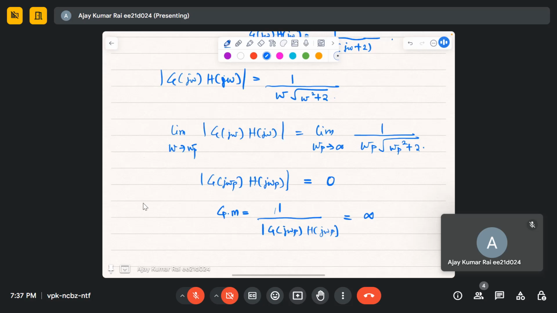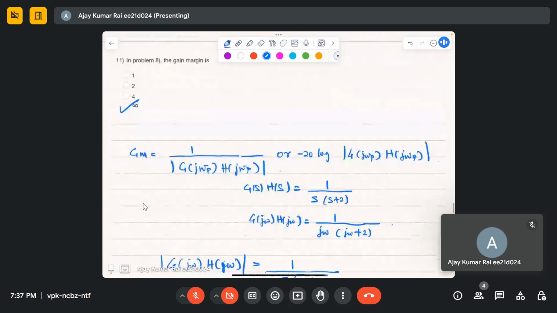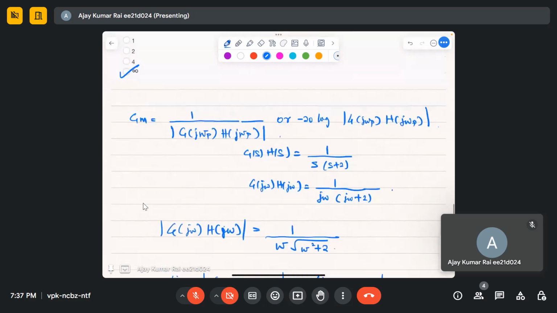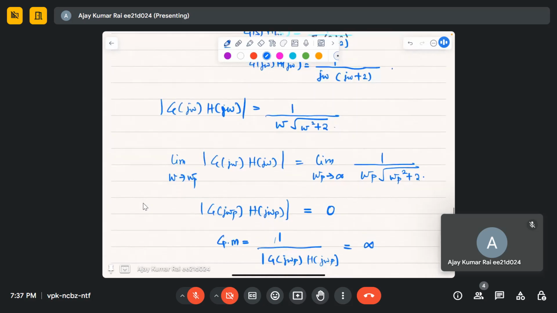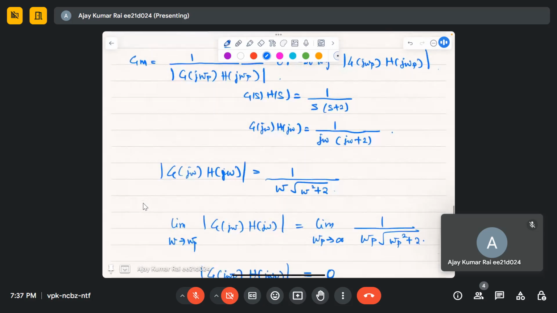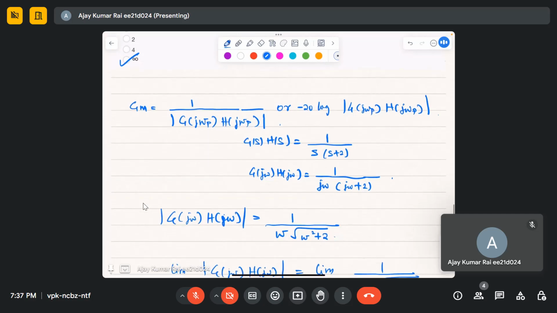So if magnitude is 0, then your reciprocal is tending to infinity. So that's why the gain margin is tending to infinity. So infinite gain margin. So any doubt in this case?